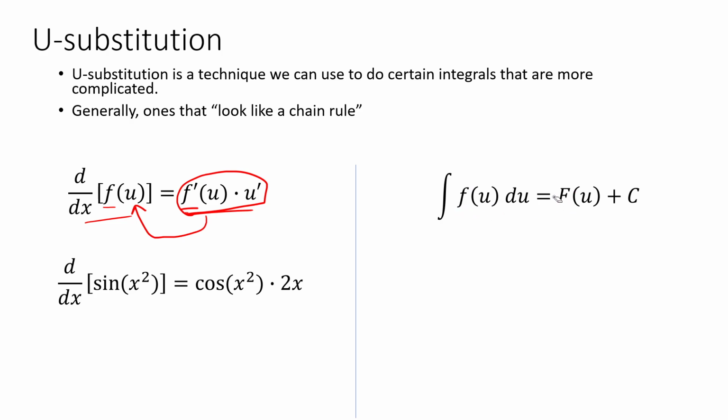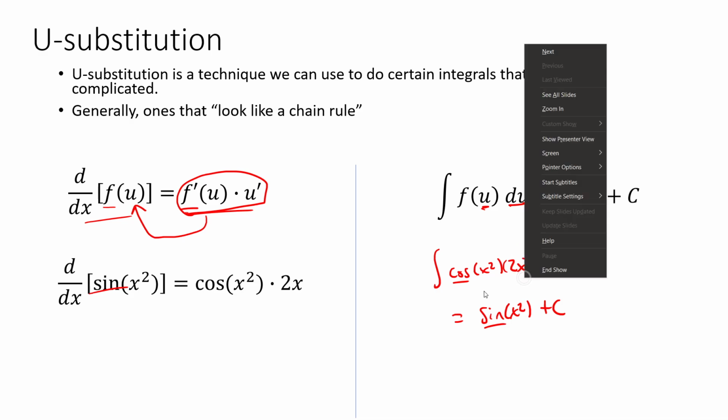Okay, so to do an example, if we had, say, the integral of cosine of x squared times 2x, well, this is the du, this is the derivative of this. Well, hey, that came from sine of x squared plus c. Okay, when we take the integral, we need to put the plus c, but we can see the antiderivative of cosine is sine, and the 2x was the derivative of x squared, so when we go backwards, that 2x is going to go away in a sense.